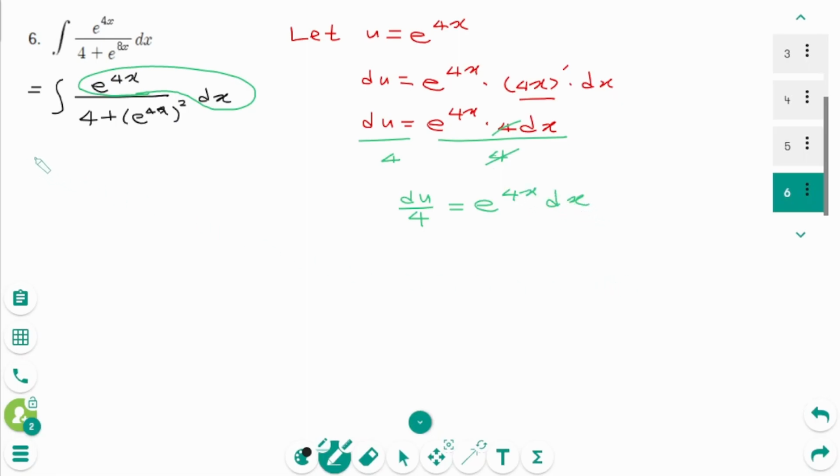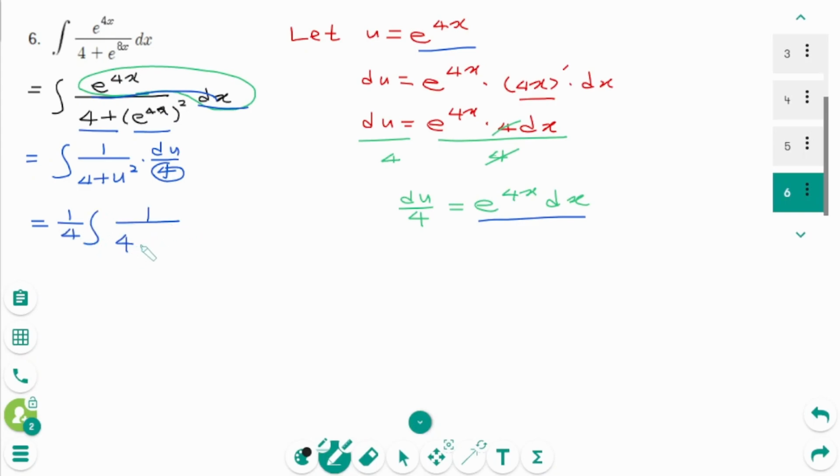Change all x into u, the integral of e to the power of 4x dx is du over 4, times 1 over 4 plus e to the power of 4x squared, which is u squared, equals 1 over 4 the integral of 1 over 4 plus u squared du.